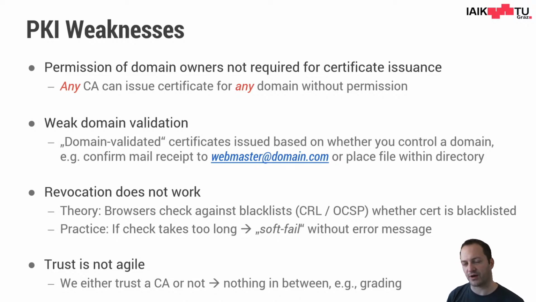and it also led to problems in the past where people were able to request certificates for websites they had no factual access to. The other thing is that revocation is in fact broken. So there is something called certificate revocation. You've already heard about this, and the idea is that all the CAs provide servers, either with blacklists, a certificate revocation list, or a so-called OCSP responder. In other words, services that tell your browsers if a certificate has been revoked.